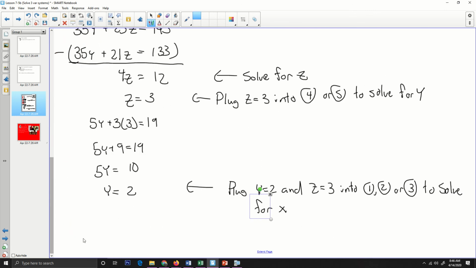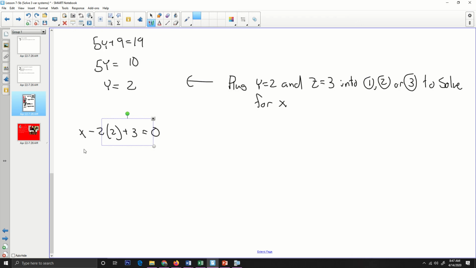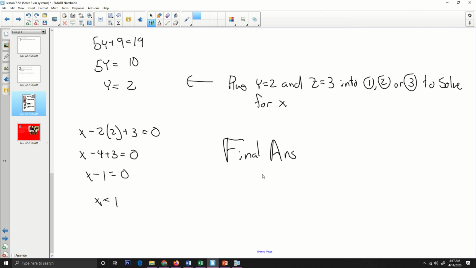So x minus 2 times 2 plus 3 has to equal 0. So I've got x minus 4 plus 3 equals 0. So x minus 1 equals 0. x has to equal 1. So now I know my final answer will be 1, 2, 3.